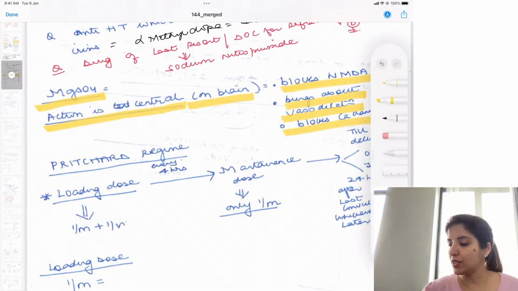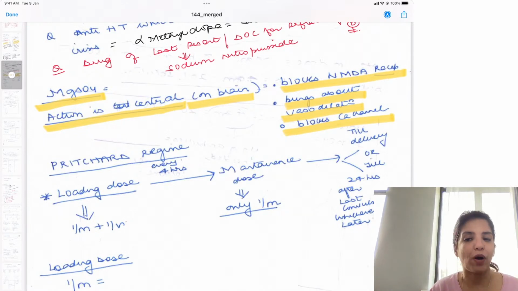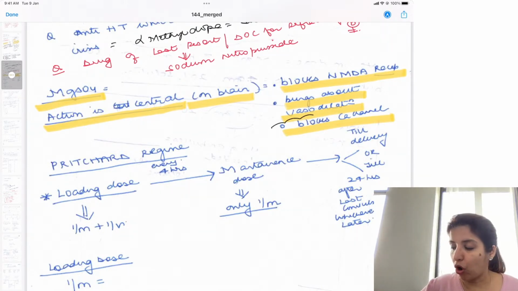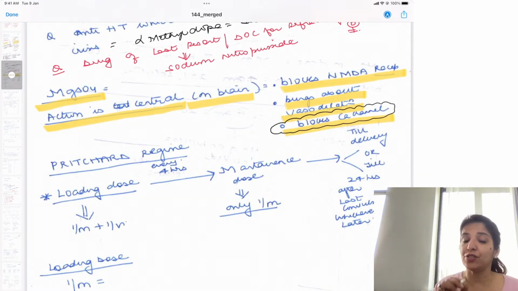Now, because it is bringing about vasodilatation, that is why it is going to prevent and treat seizures. Number 2, because it blocks calcium channels, that is why, please remember, magnesium sulfate should be used very, very cautiously with calcium channel blockers, right? So with calcium channel blockers we avoid using magnesium sulfate.